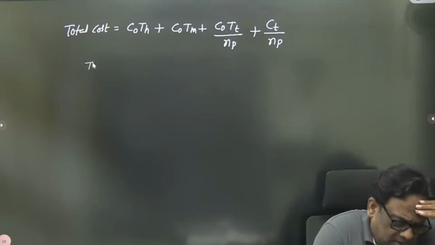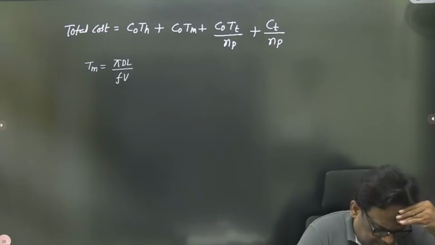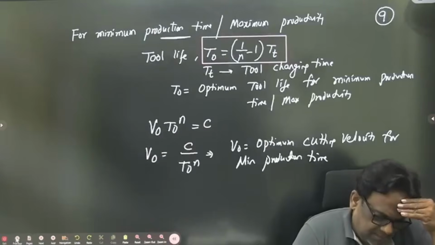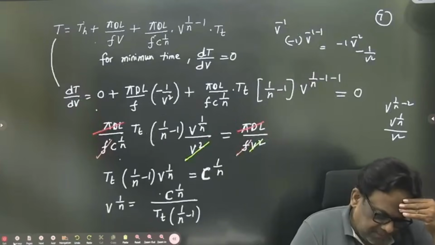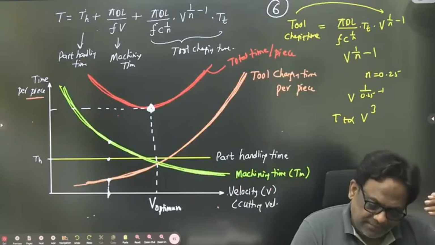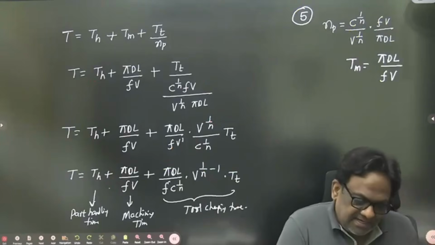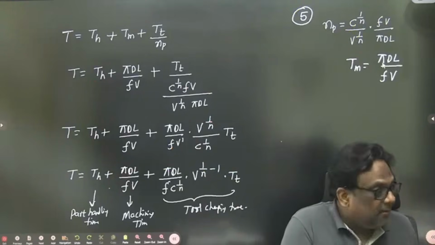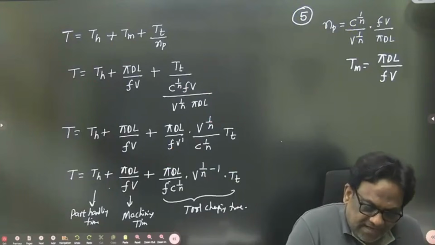The machining time already I have given pi dl by fv. हाँ या ना? देखो, द मशीनिंग टाइम इज गिवन बाय pi dl by fv, and you also have np.